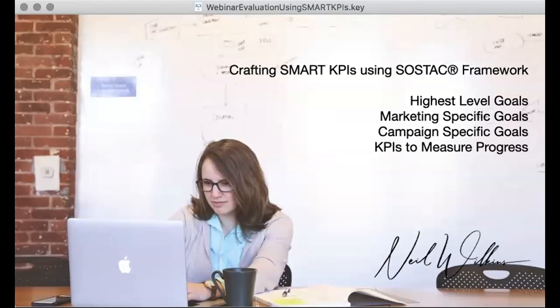Now, as I'm beginning to think about a smart KPI, I truly want it to be smart. I want this KPI to be measuring and supporting something else at a higher level. In other words, if I get a little indicator on my dashboard that starts flashing at me, saying, hey, Neil, over here, got to have your attention, something's going on, I want it to be reflecting something significant at a higher level.